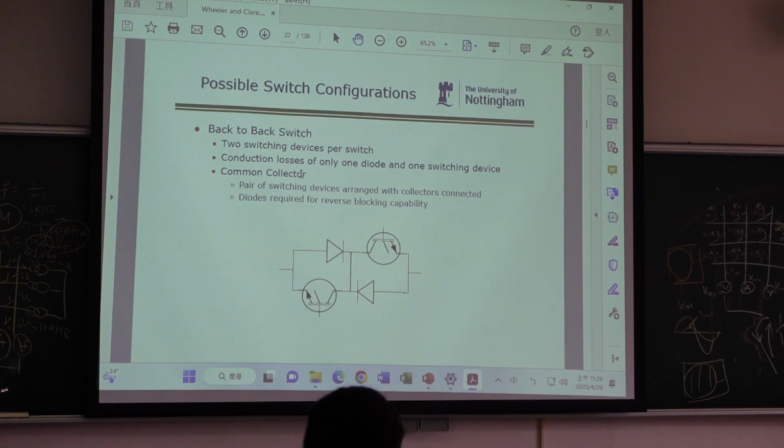Can we remove this line? Yes or no? Because we have current go this way, we have current go this way, and then we can block this line. Why do we need this line? Anybody has any suggestion?